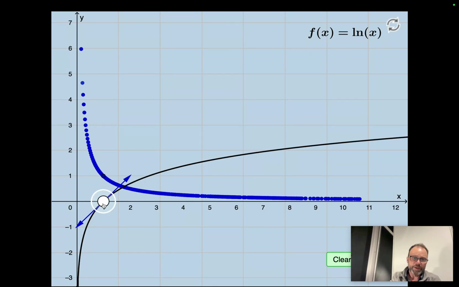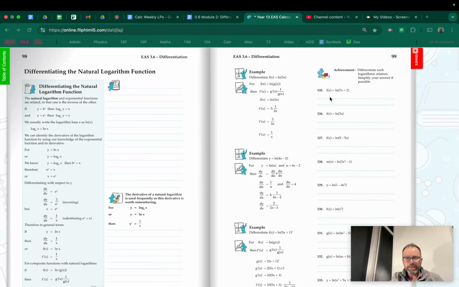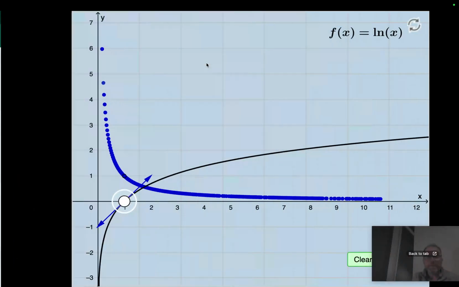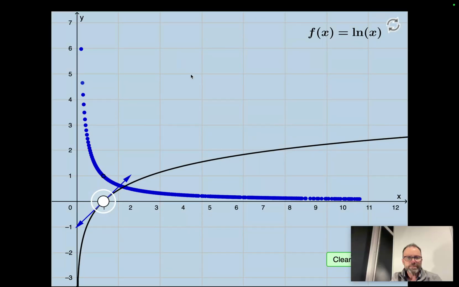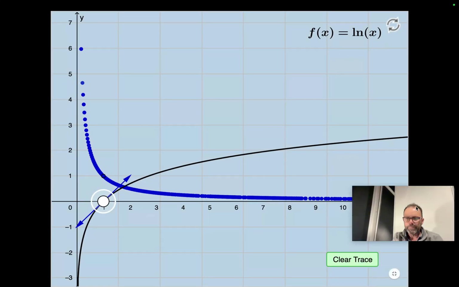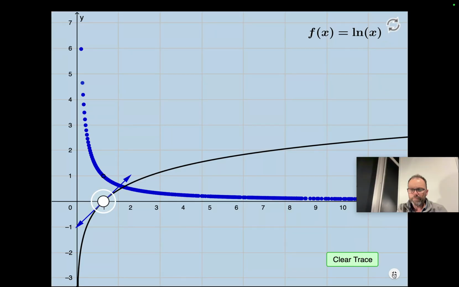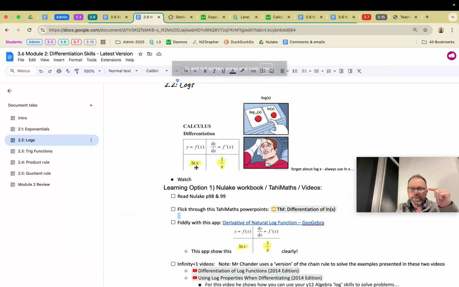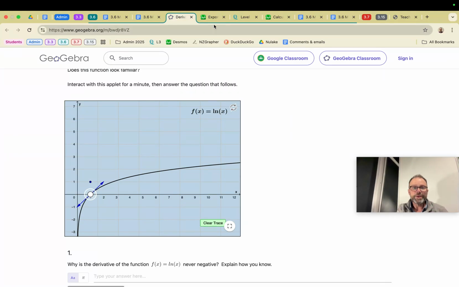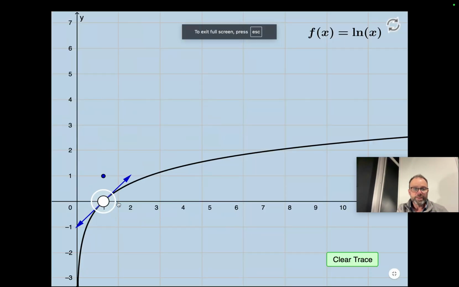Let's go back to here. So the function is natural log. The derivative function is 1 over x. And did you see that in the expression here?